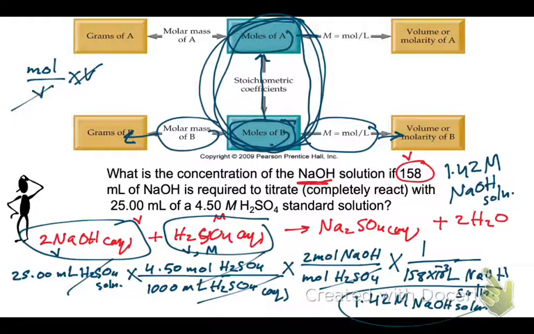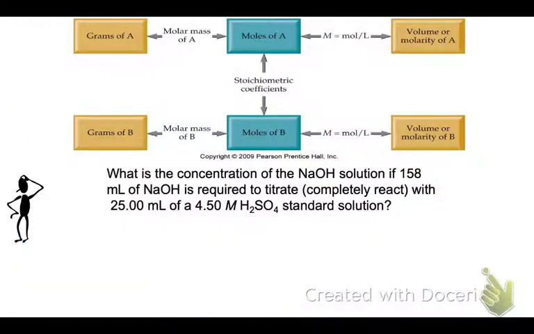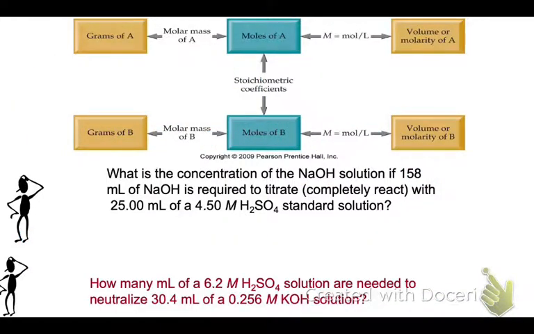Okay, so now let's see one more question. How many milliliter of a 6.2 molar sulfuric acid solution are needed to neutralize 30.4 milliliter of 0.256 molar potassium hydroxide solution? So now again, is that a dilution question or is that stoichiometry?